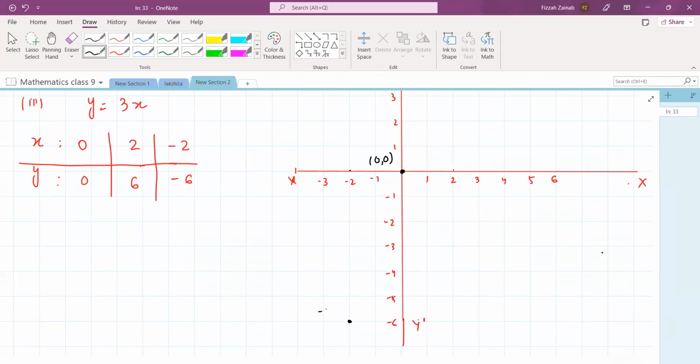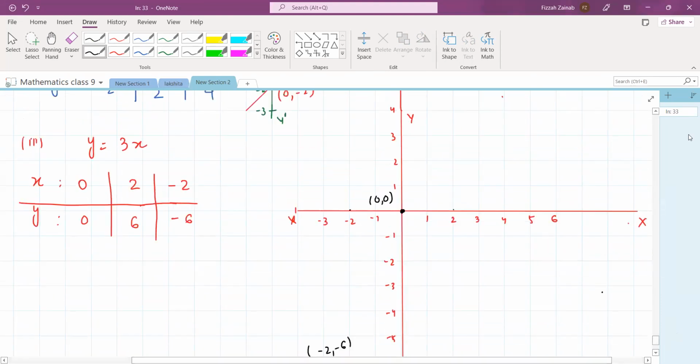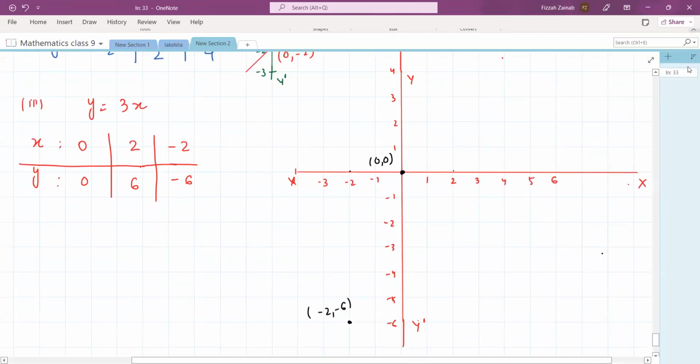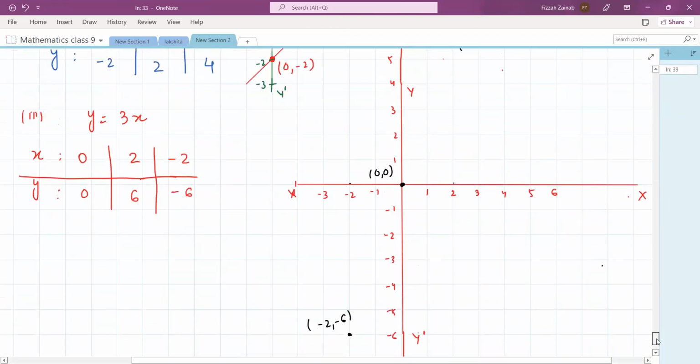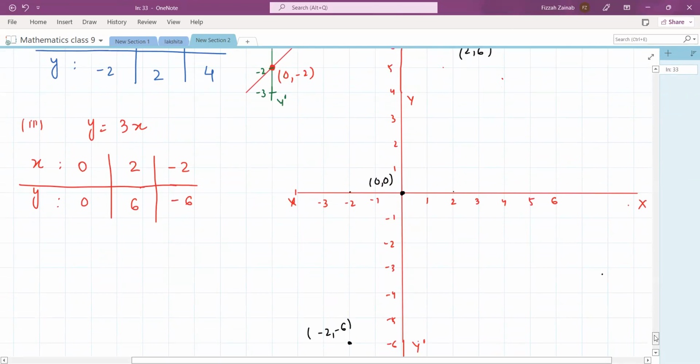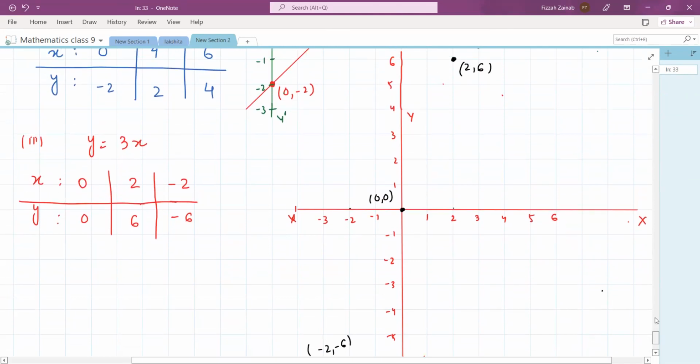So this is -2 and -6. Is this clear? Yes, ma'am. Okay. So let us try to join it. Yeah, I can see the points here.